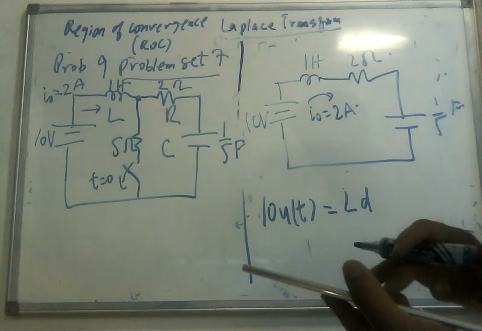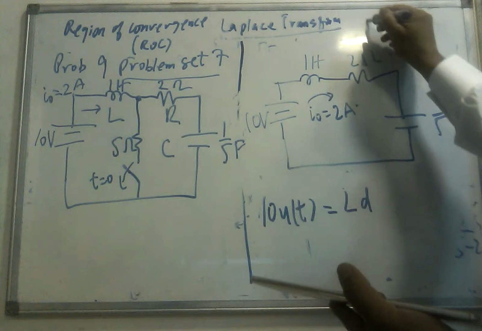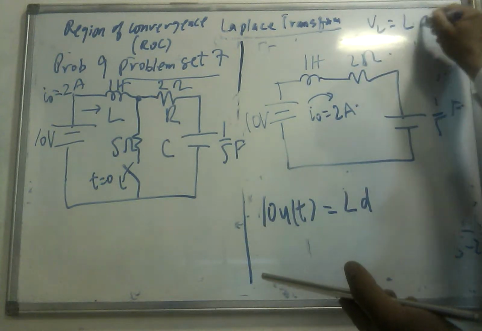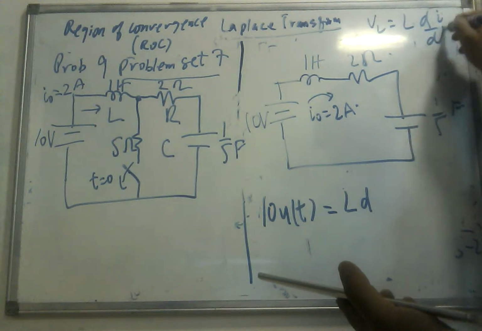The voltage on an inductor is L di by dt.